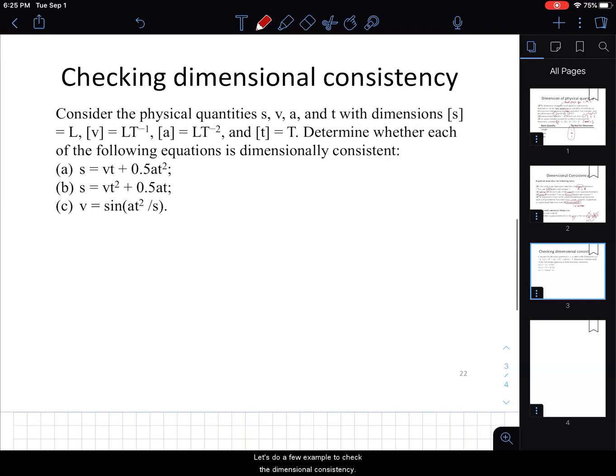Let's do a few examples to check dimensional consistency. Consider the following physical quantities. S must be for distance, with dimension L, length. V must be the abbreviation of velocity, and A is for acceleration.